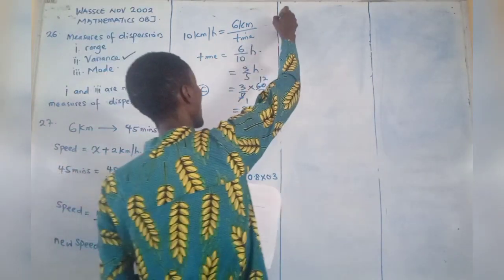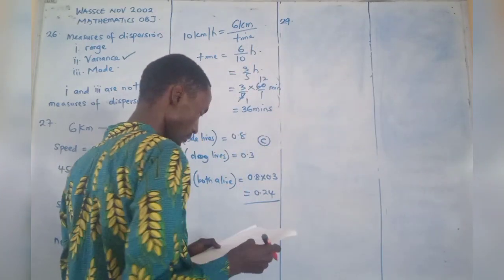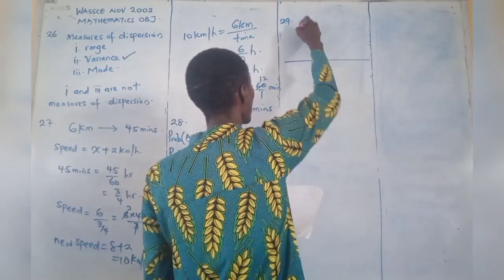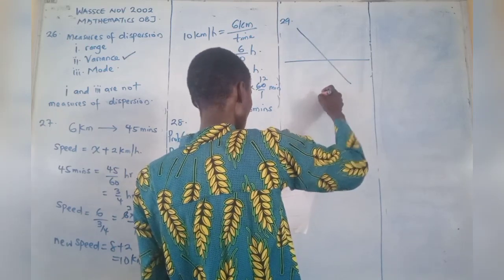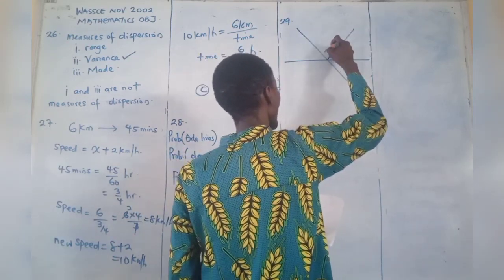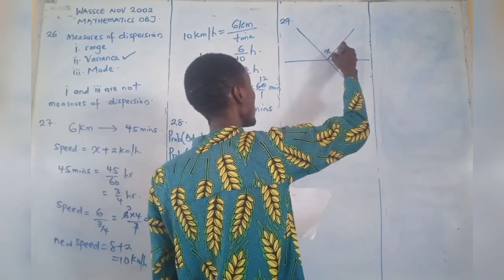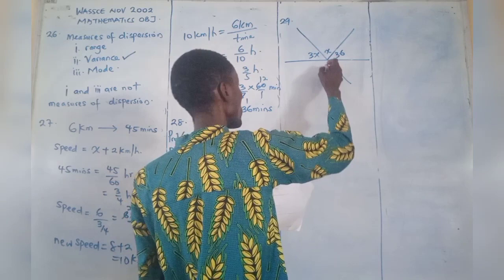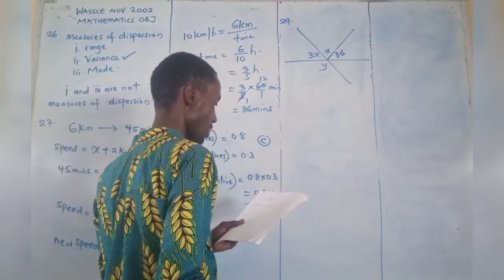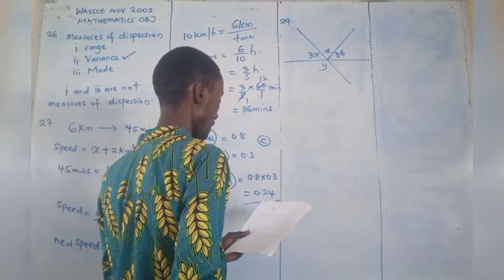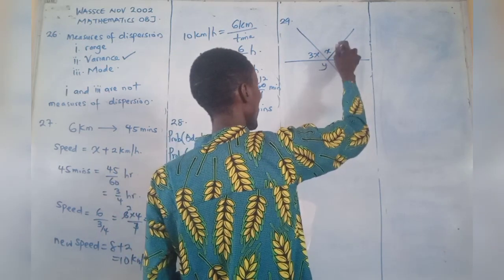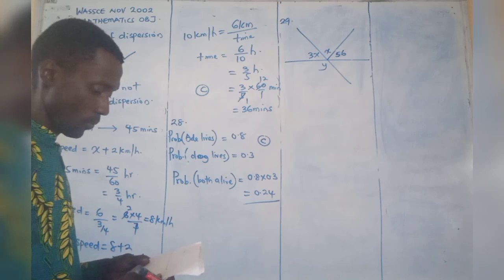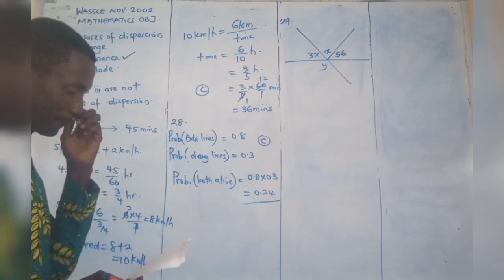Alright, go to question 29. In 29, we have a straight line with angles given. This is x, this is 56, this is 3x, and this is y. We're told to find y.